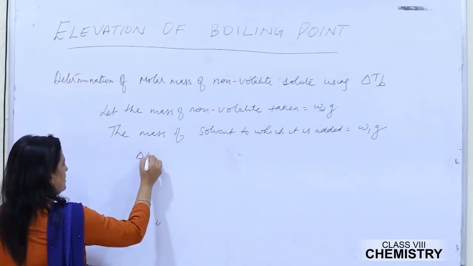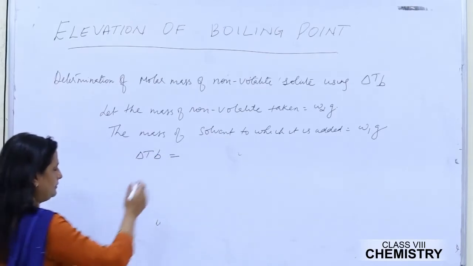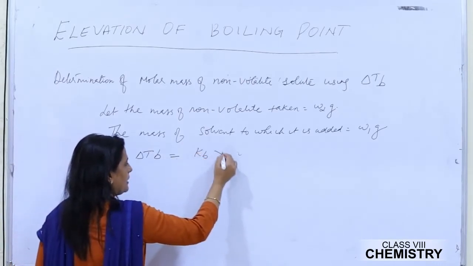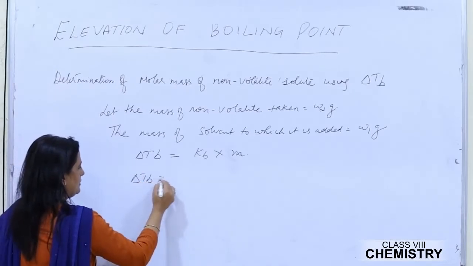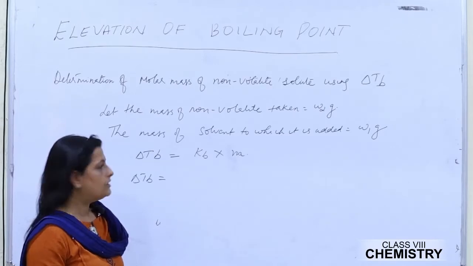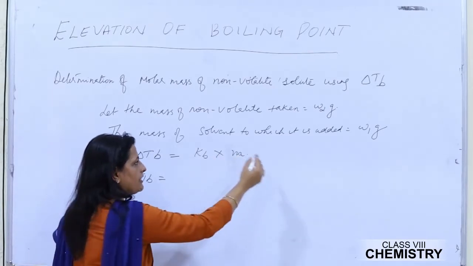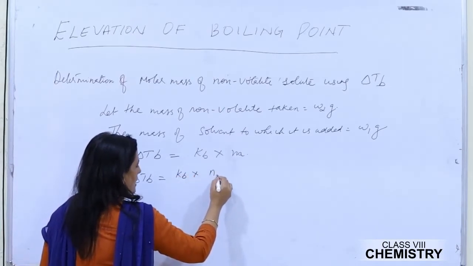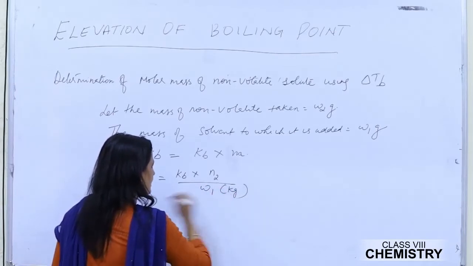Next, we are finding out its elevation in boiling point experimentally. Now, we know that delta Tb is equal to Kb into m. Then what is molality? It is the number of moles of solute dissolved in a given amount of solvent. So, we can write it as Kb into N2 divided by W1 in which unit? Kg. What is N2?